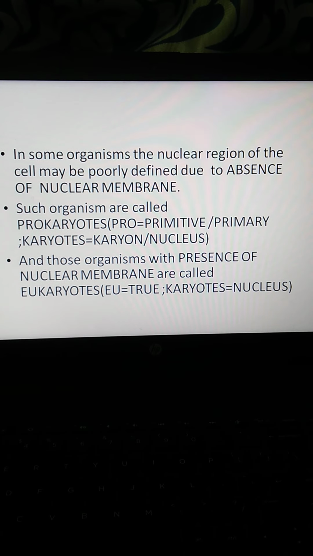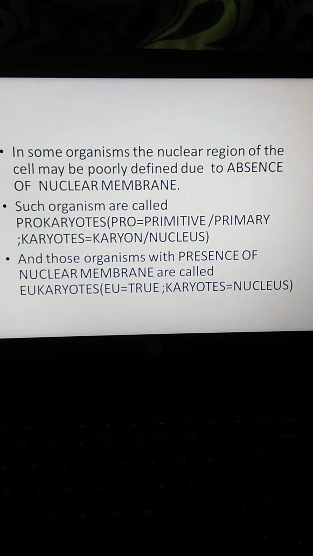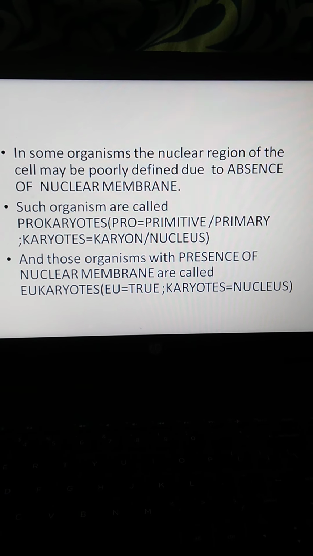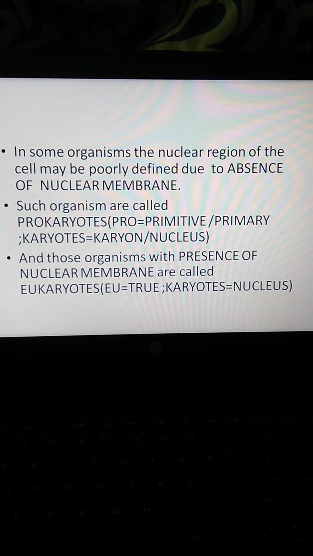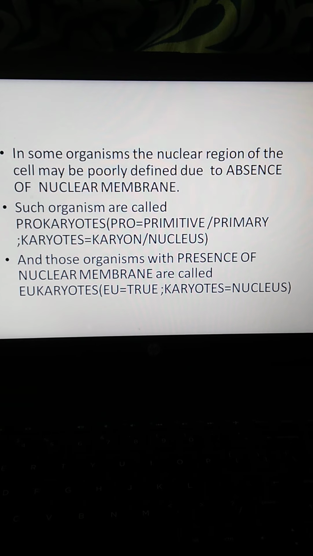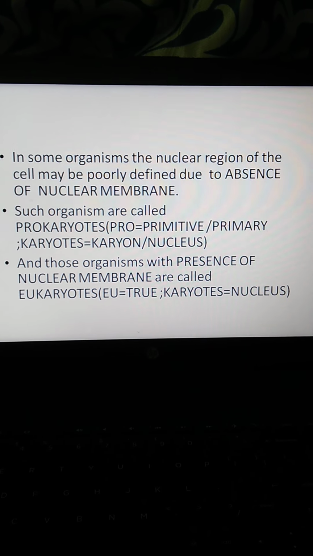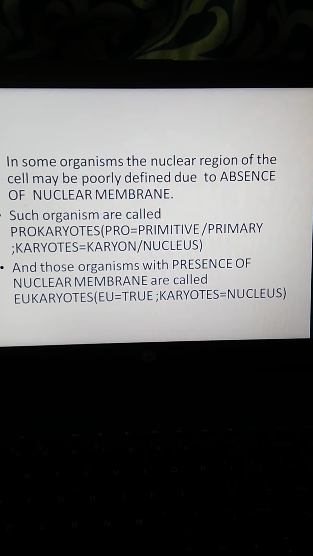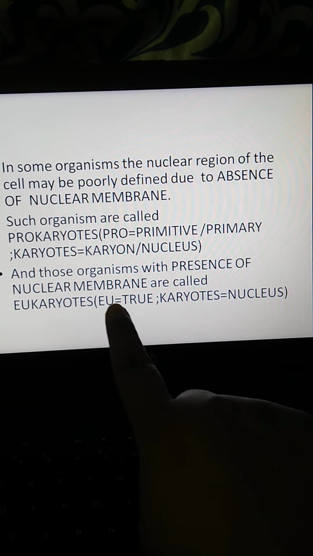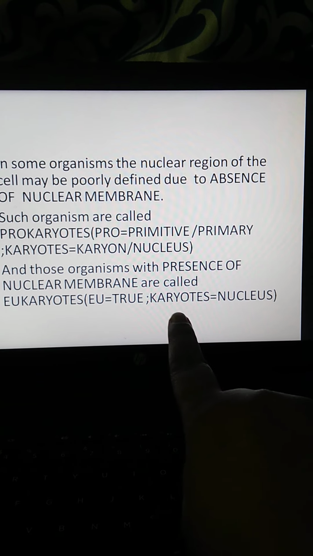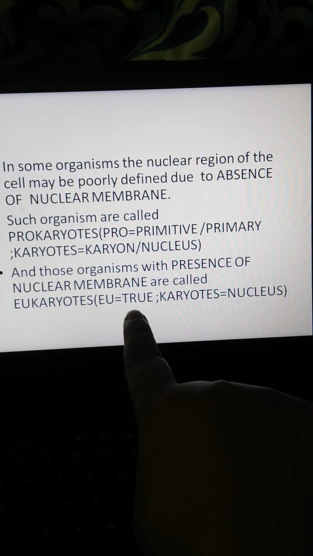So prokaryotes are those organisms where there is absence of nuclear membrane, or it is very poorly defined. On the other hand, there are those organisms where this nuclear membrane is present and well defined, and those are known as eukaryotes. You can make out eu means true, karyote is for nucleus, so they have a true nucleus.